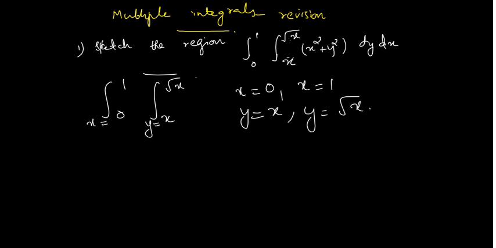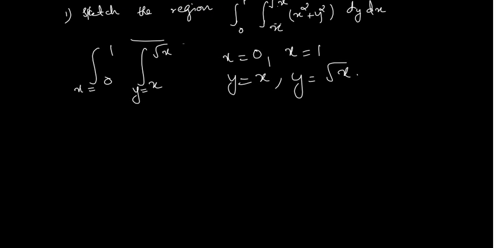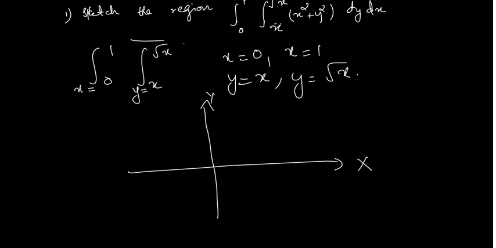So from this, this is the x-axis, this is the y-axis. What is y is equal to x? So here x is equal to 0 is a constant, and this is a constant one. So let it be here. Then y is equal to x and y is equal to root x. First of all, we are considering these two equations. Y is equal to x is a straight line.